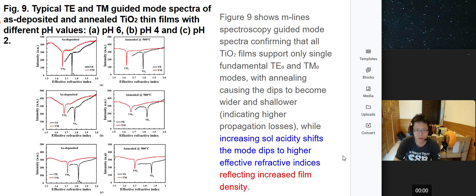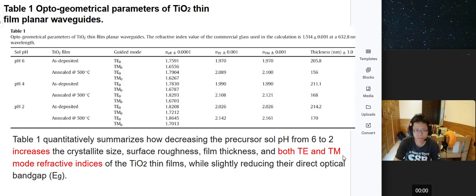As we can see from the waveguide behaviors, the increased sol acidity shifts the mode dip to a higher effective refractive index, indicating increased film density.